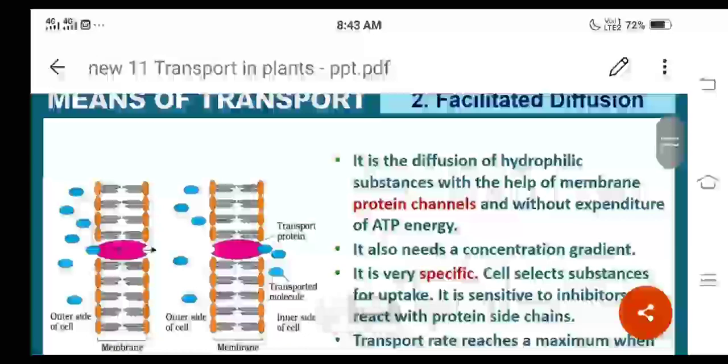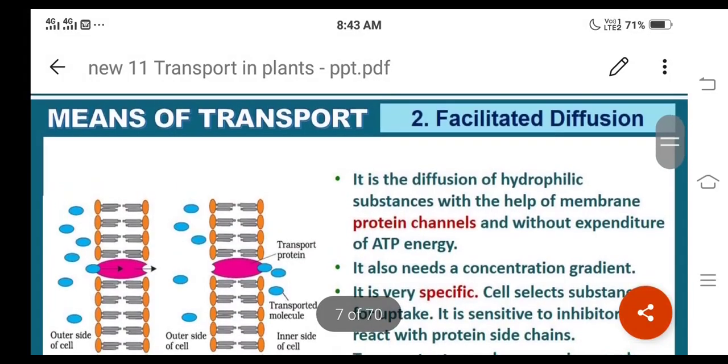Then another concept is facilitated diffusion. How can we define this one? It is the diffusion of hydrophilic substances with the help of membrane protein channels and without expenditure of ATP energy.